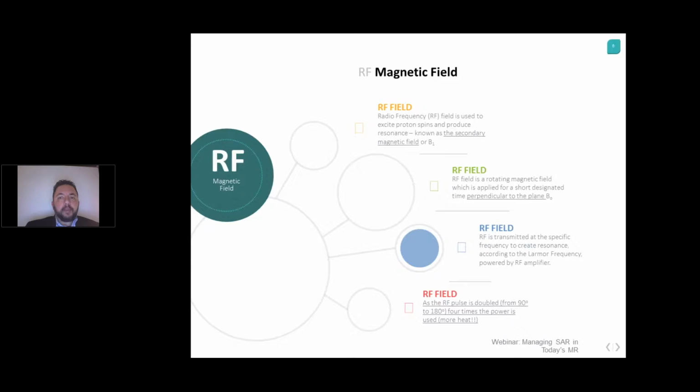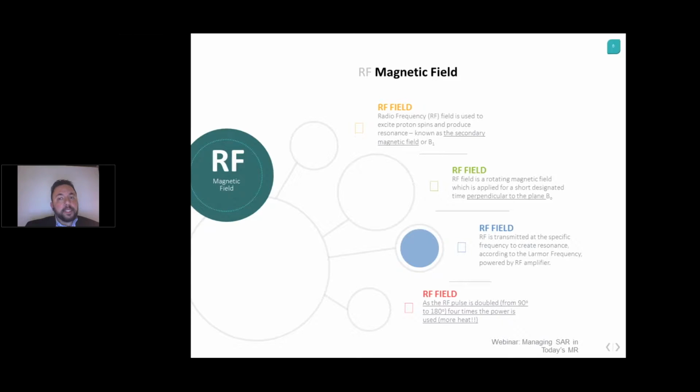This time of the application of RF, our transmit bandwidth, not to be confused with our receiver bandwidth, can play a huge role in the type of sequence that we select and its impact on SAR and heat in our patient. And we'll discuss that further shortly.